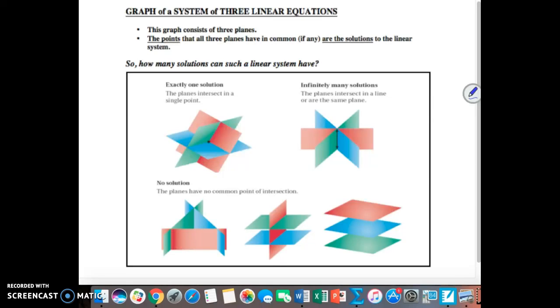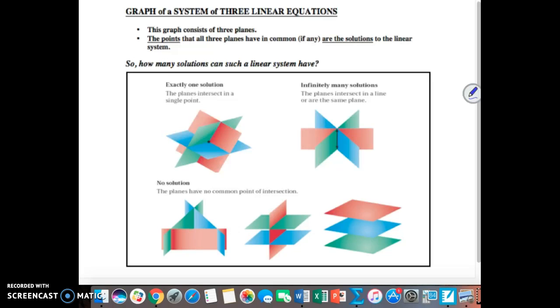So the graph of a system of 3 linear equations consists of 3 different planes. The points that the 3 planes have in common, if there are any, are the solutions to the linear system.